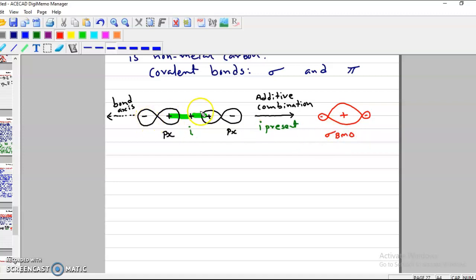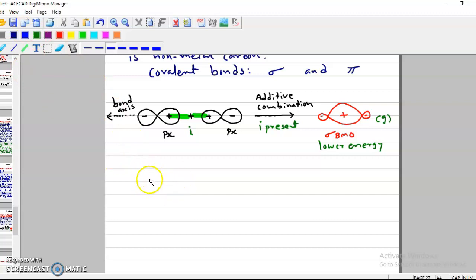Because I is present, this orbital is also known as gerade with reference to the term symbol. Gerade means similar, equivalent. It has lower energy than the atomic orbitals because of attraction. This type of orbital is known as a molecular orbital, and it forms a sigma bond, so we call it sigma molecular orbital.